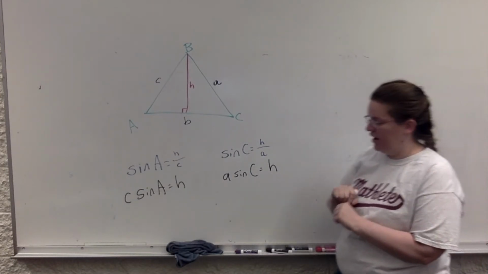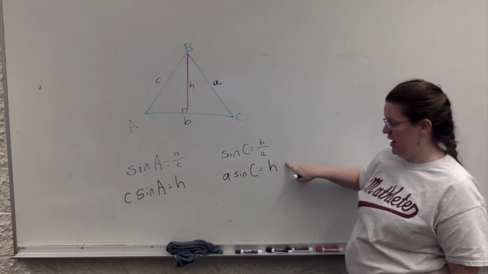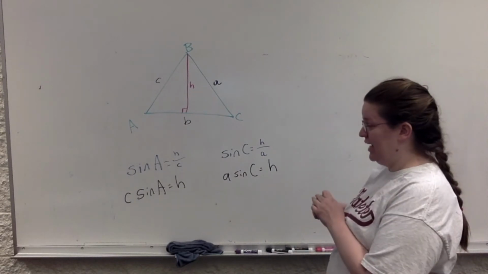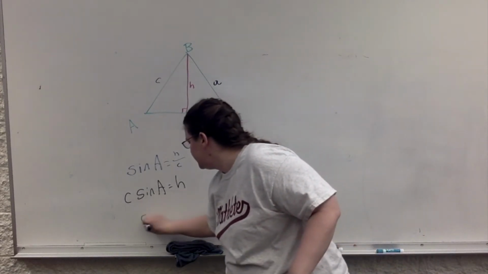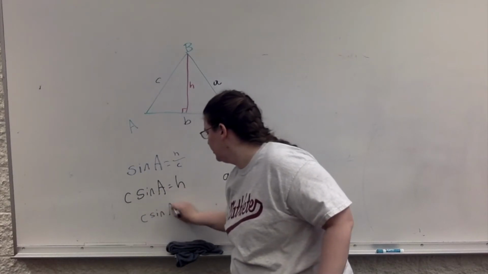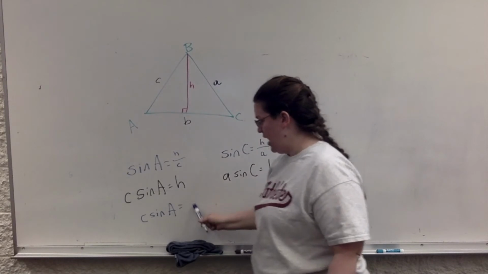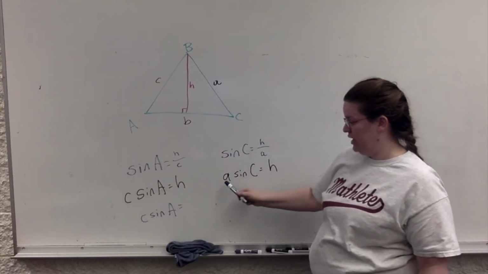So I can say if this equals H, and H equals this, they are equal to each other. So I'm going to say C sine A equals A sine C. C sine A equals H, and H equals A sine C.